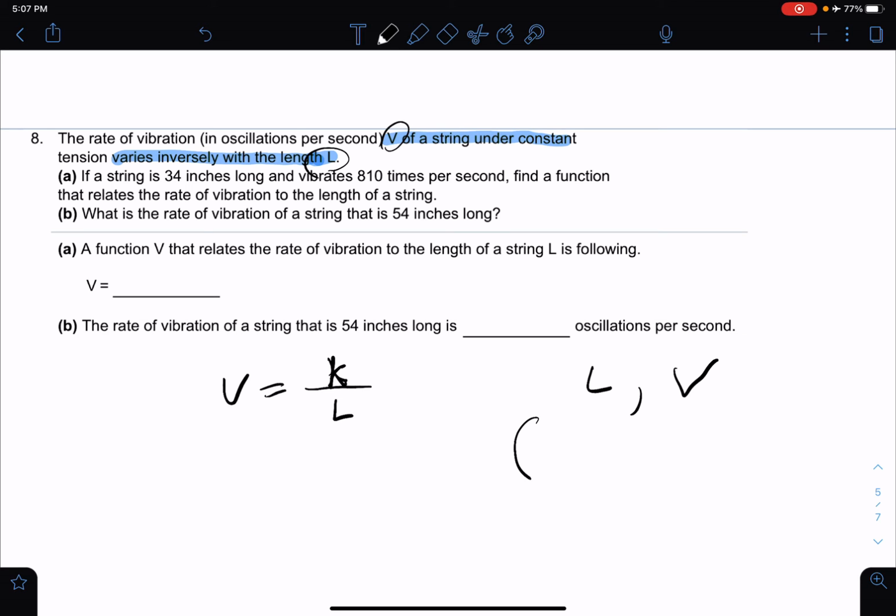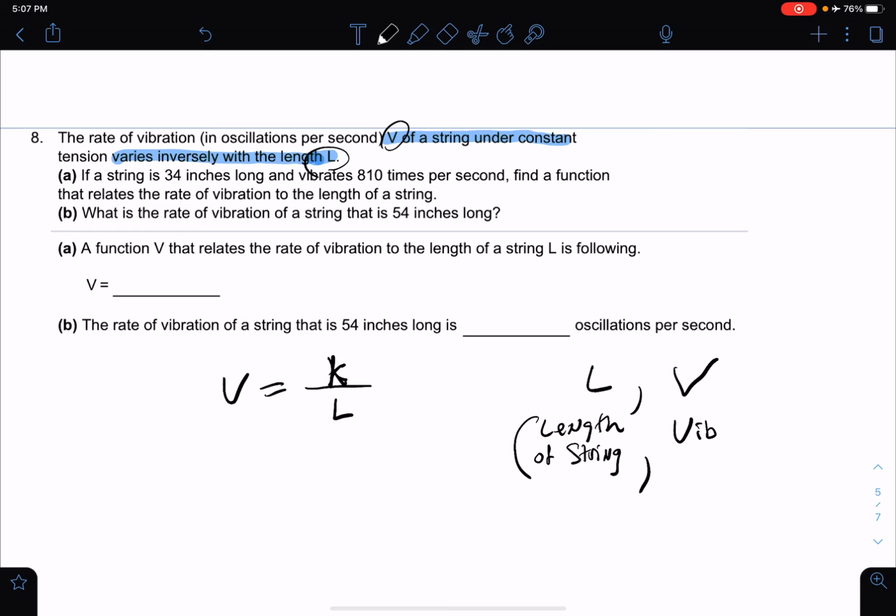So L is the length of the string. Okay, what's V? V is the oscillations or vibrations, which is just oscillations per second. So that just kind of helps us figure out where to put things by doing that.